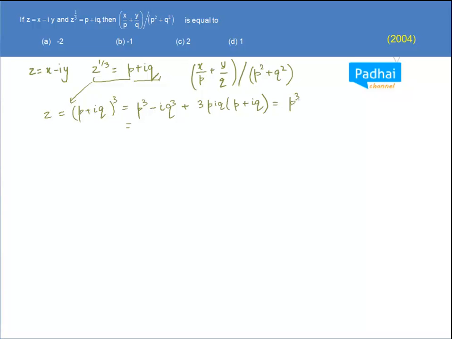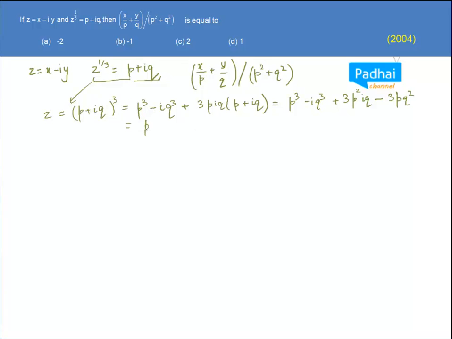If I open that bracket, it will be 3p² iota q, and iota square is minus, so it will be minus 3 p q².